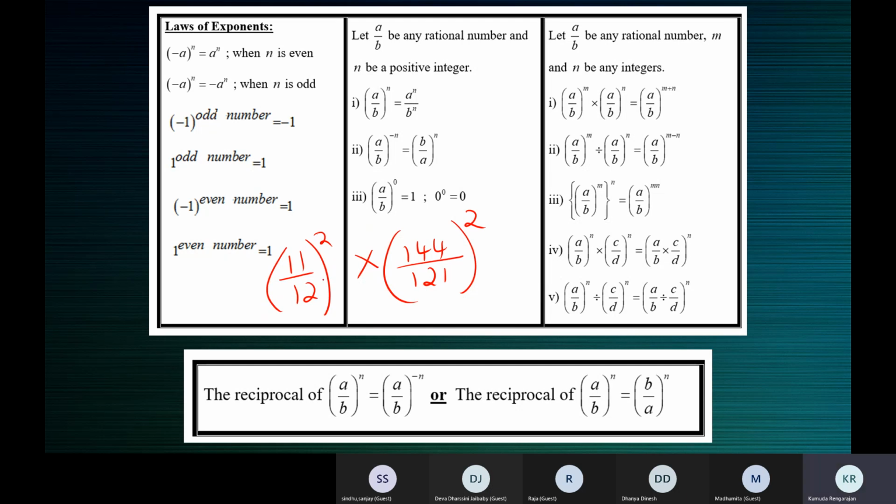So you have 11 by 12 the whole squared into 144 by 121 the whole squared.